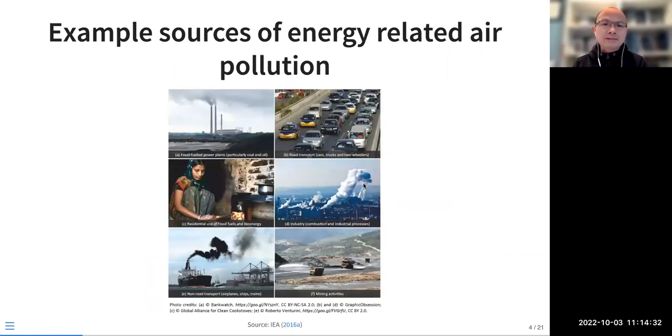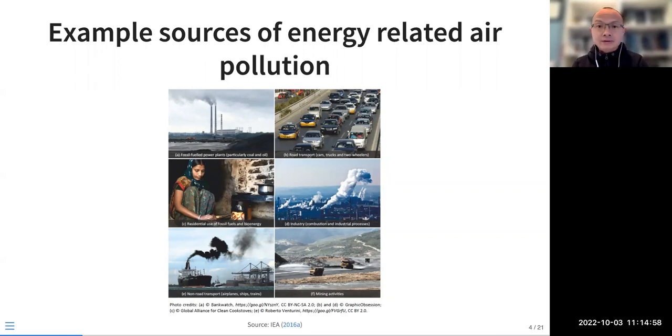So what are the examples of energy-related air pollution? Here you can see the pictures summarizing the different sources of energy-related air pollution. This is from the IEA.